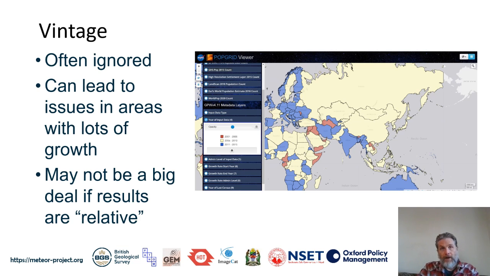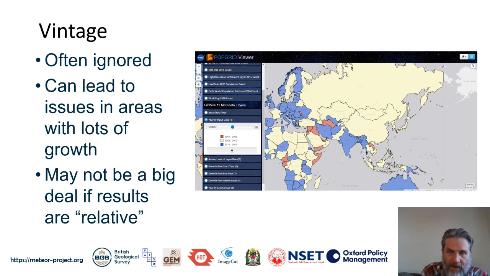Okay, vintage. Vintage can be very, very important. Here we have a PopGrid viewer that looks at different population data sets that are available globally. In this case, they're providing the vintage of a single data set, GPW, Gridded Population of the World, version 4.11.